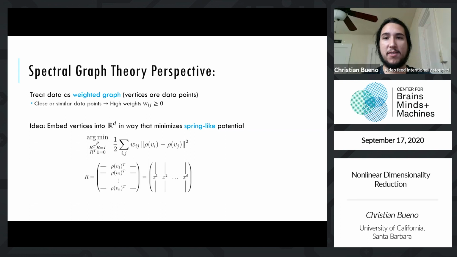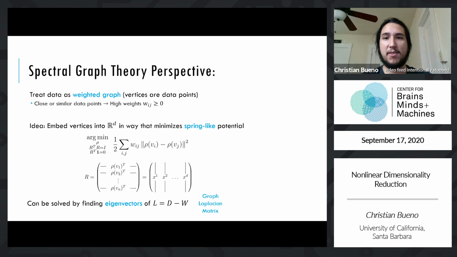And when you do this, it turns out that you can solve this exactly by finding the eigenvectors of something called the graph Laplacian matrix, which is the weight matrix, so the matrix of weights, that's the W, subtract that away from the degree matrix. And the degree matrix is just each vertex has a degree, which is the sum of all the weights incident to it.